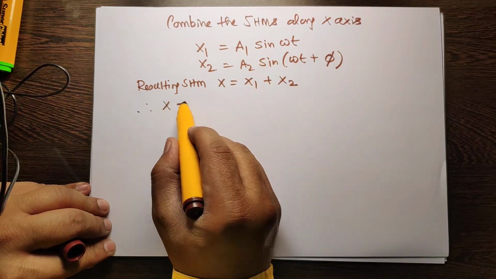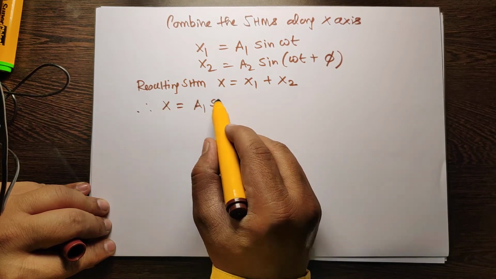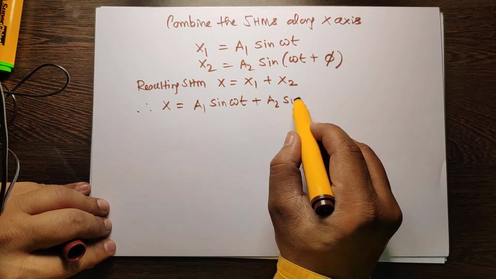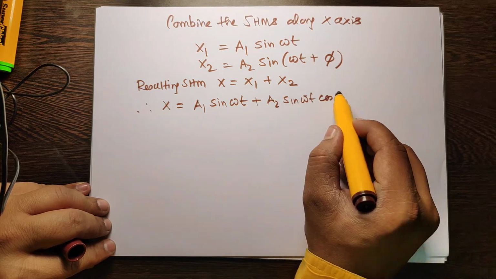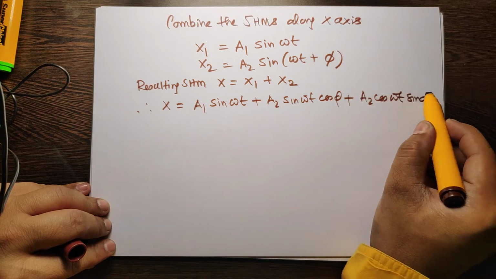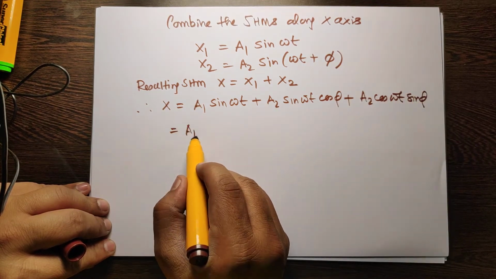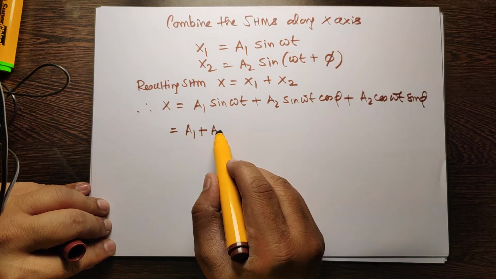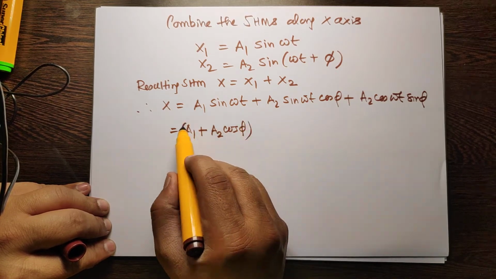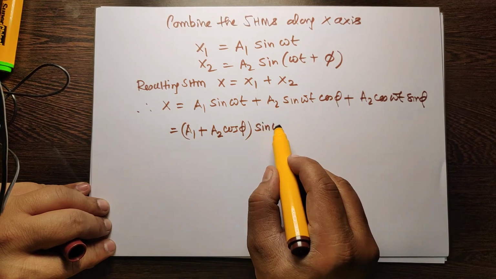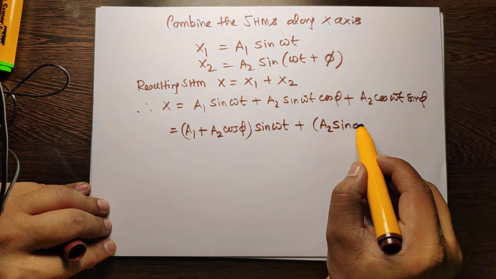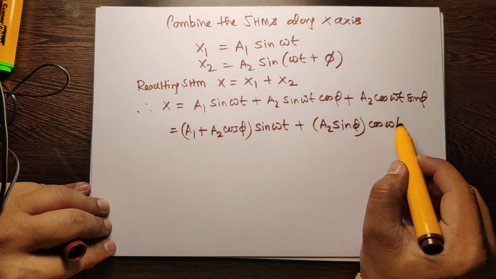Therefore, x equals, just to expand the terms, A1 sin omega t plus A2 sin omega t cos phi plus A2 cos omega t sin phi. Now, (A1 plus A2 cos phi) times sin of omega t plus A2 sin phi times cosine of omega t.